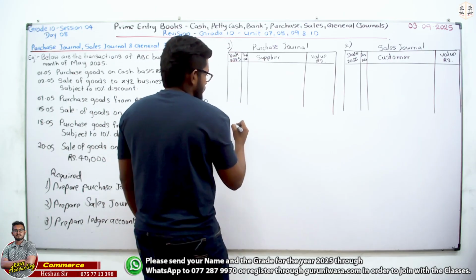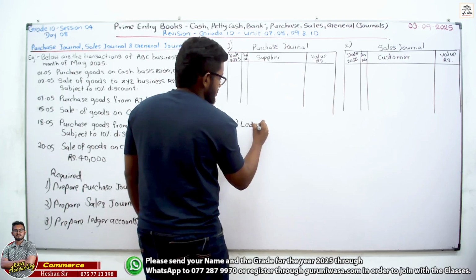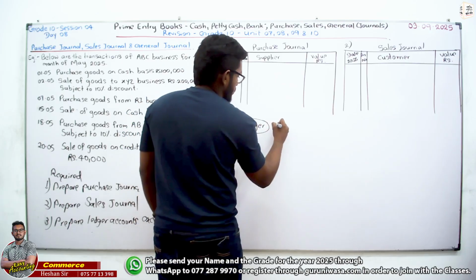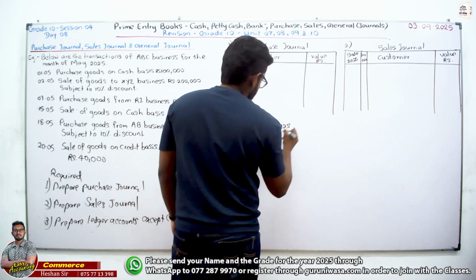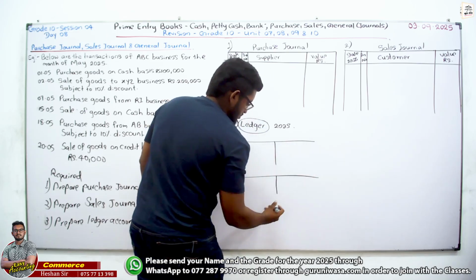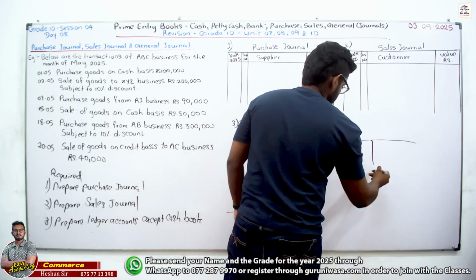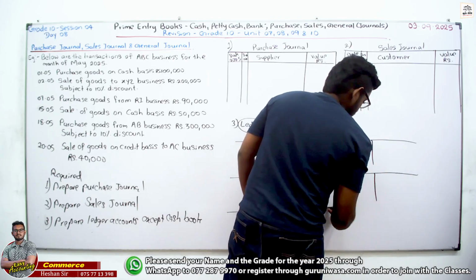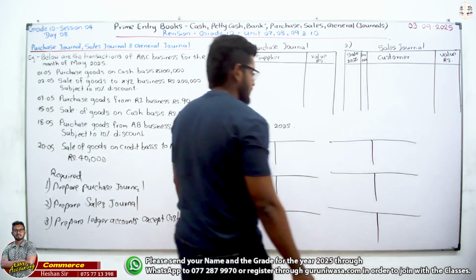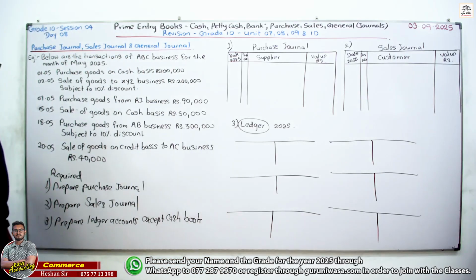And in number 3, asking about the ledger accounts. I'll write 2025. Except cash book, no need for the cash book.